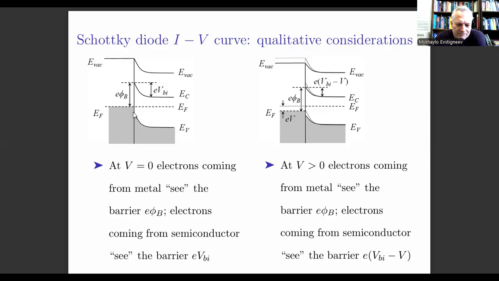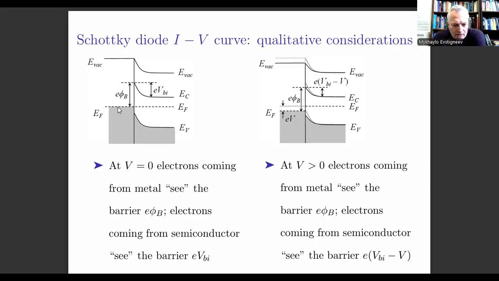Maybe the way I drew this diagram implies that there is not only a depletion region, but also an inversion layer somewhere here at the boundary. Okay, but this is just schematics. Inversion layer will not play a role in the theory of current voltage curves. So there is definitely a depletion region right here.